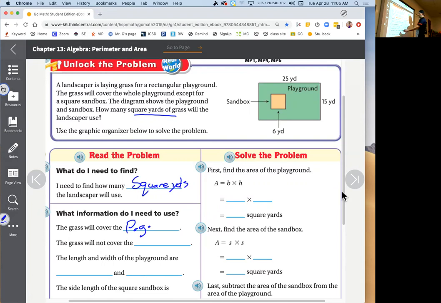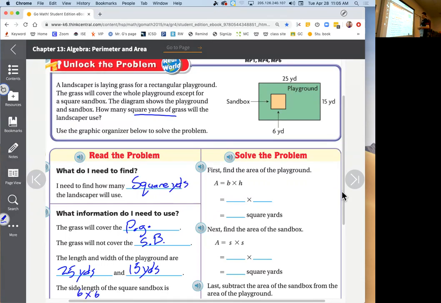The grass will not cover the sandbox. The length and the width of the playground are 25 yards and 15 yards. And the length of the side of the square box is 6. So 6 by 6, okay?